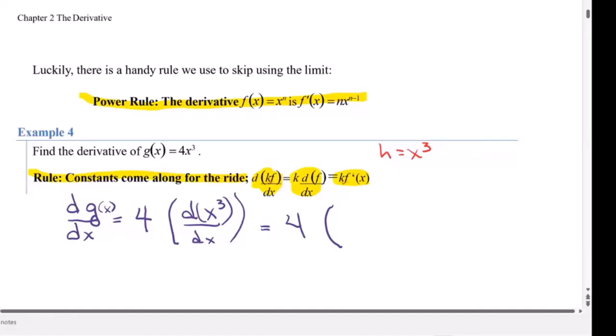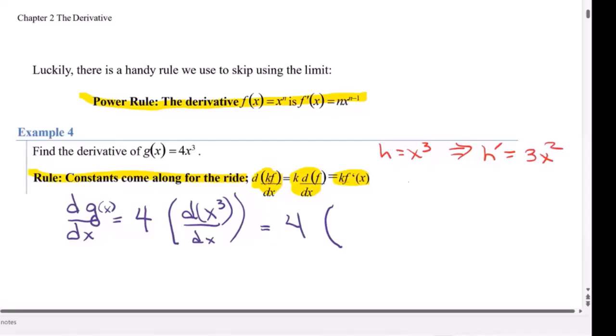So I'm taking my 4 out, and then I want to take the derivative of h as a function, which equals 3x squared. How did I get that?